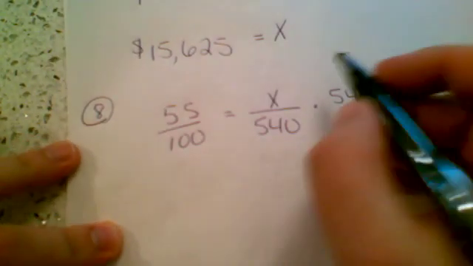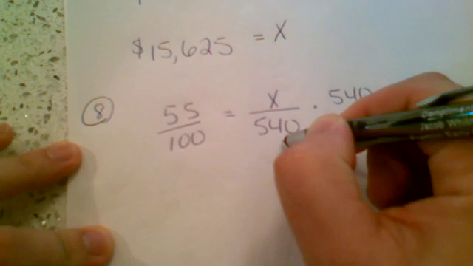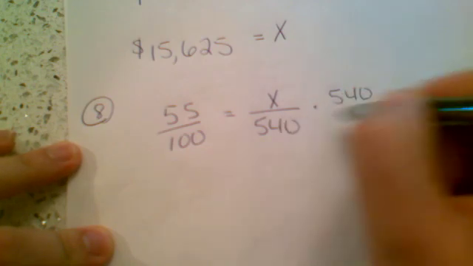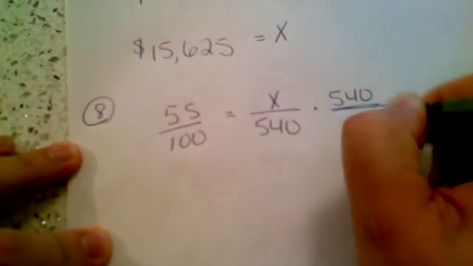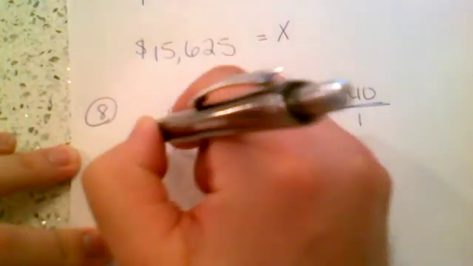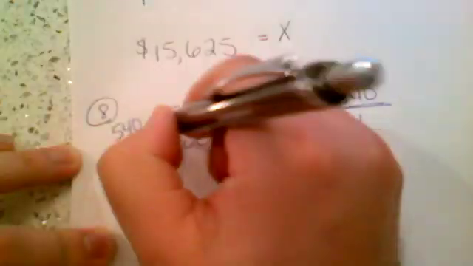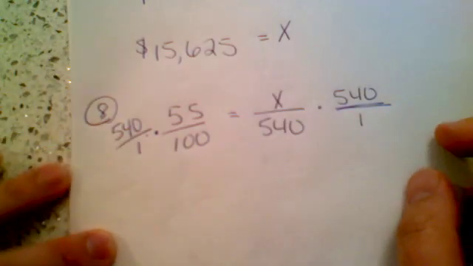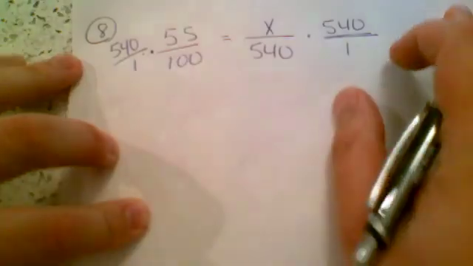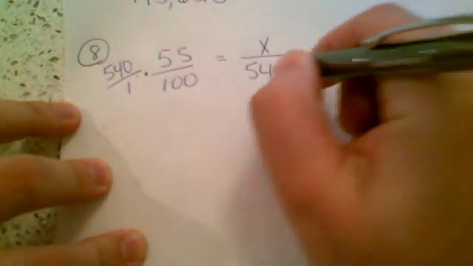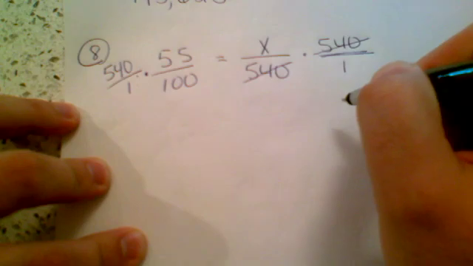So to solve, the variable is being divided by 540 rather. So we need to multiply by 540. And we talked about how when we take x and divide by 540 and then multiply by 540, those don't really impact x at all.